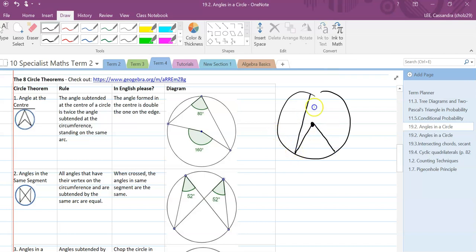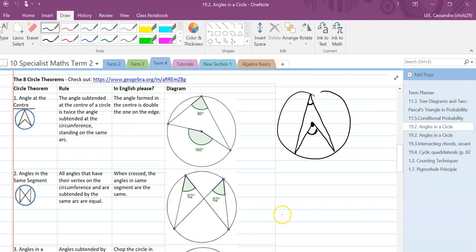Now I'm going to make another angle here. So that's all I'm doing when I say subtending, is I'm making these angles. So the angle at the circumference is going to be half the angle at the center, or the angle at the center is going to be double the one at the circumference.